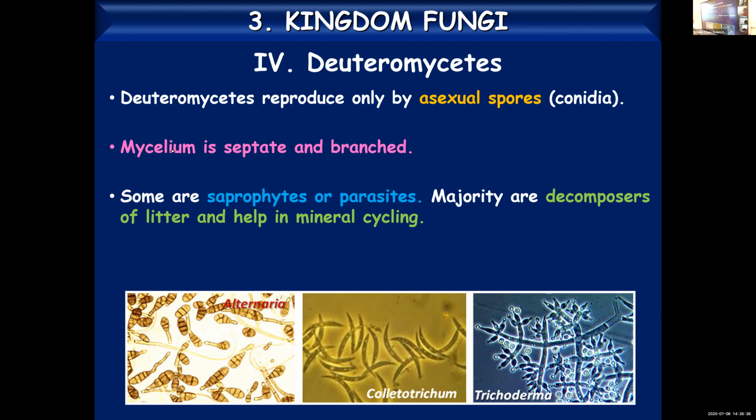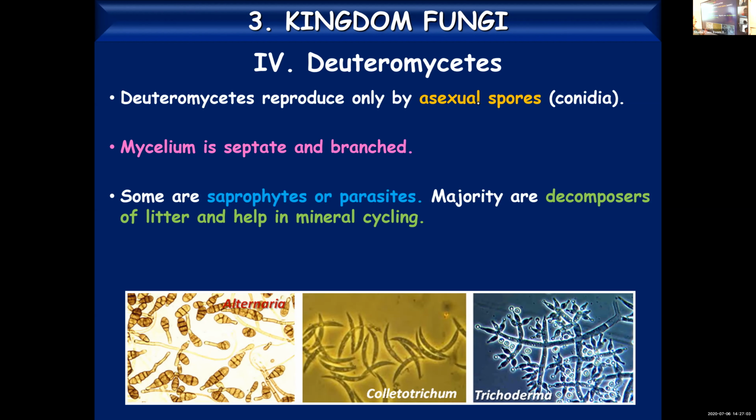Some of them lead a parasitic life, whereas some are saprophytes. Saprophytes means they feed on dead and decaying organic matter. The majority of them act as decomposers. They help in breaking down the complex substances present in dead plants and animals into simpler particles.